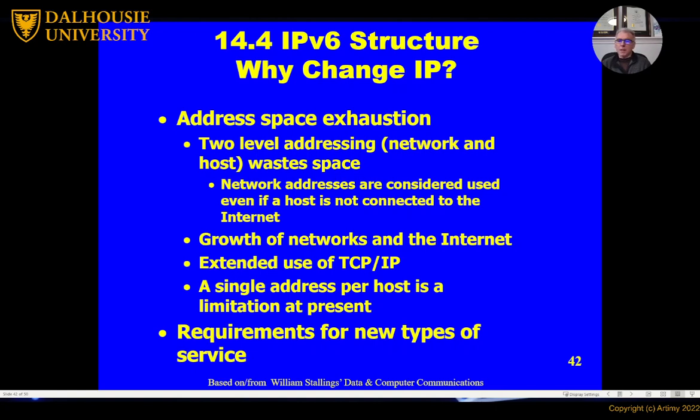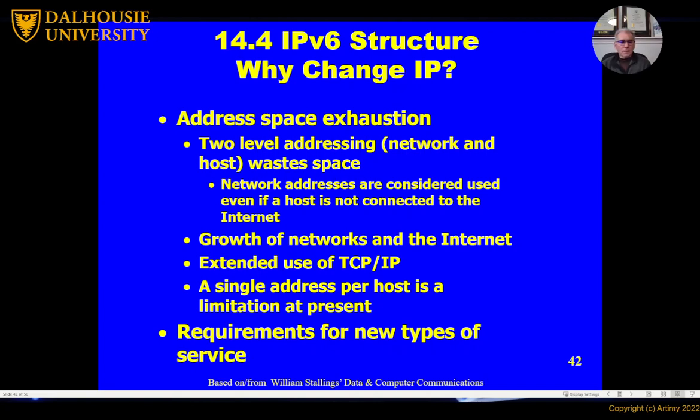Let's say a university asked for an IP address, so they would give them a class A address, right? In class A, the network part is 8 bits, and the rest is 24 bits, so 2 to the power of 24 addresses.